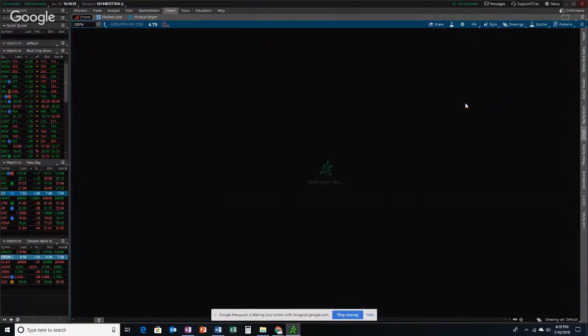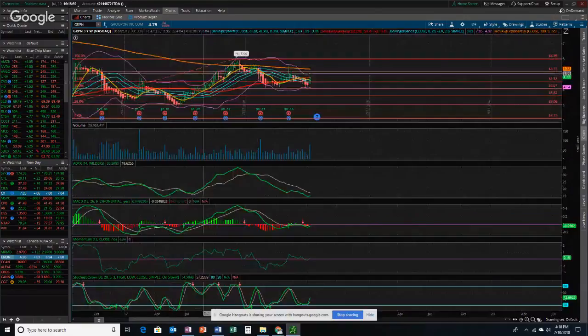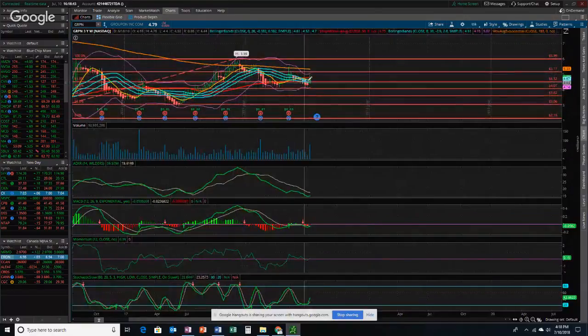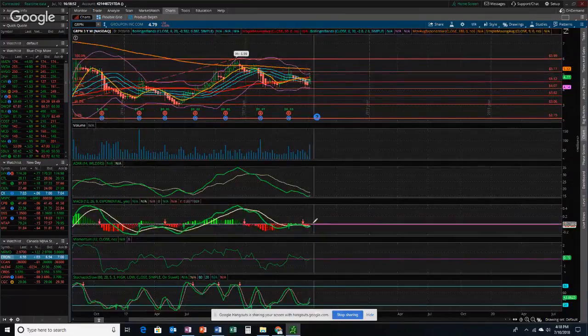Let's see what the weekly looks like since that's what I confirm on. So see this, where basically we had this big move up, and now we've been bouncing around, which is consolidation. The Bollinger's getting tighter, and we're really waiting for the MACD crossover here on the weekly.